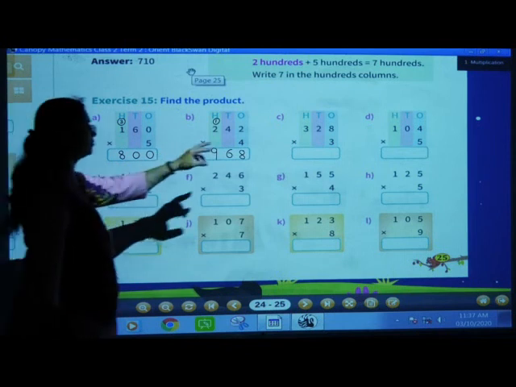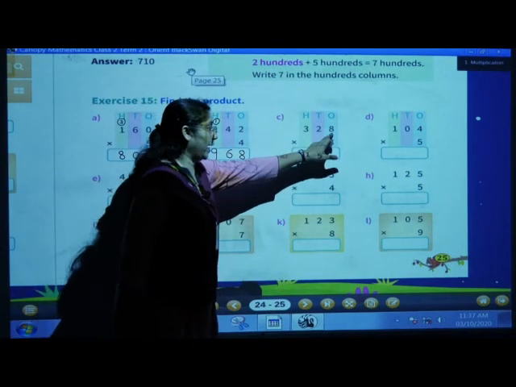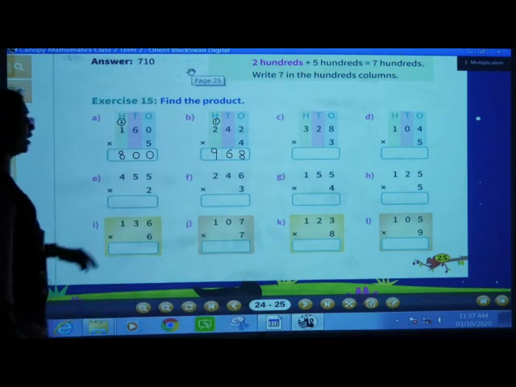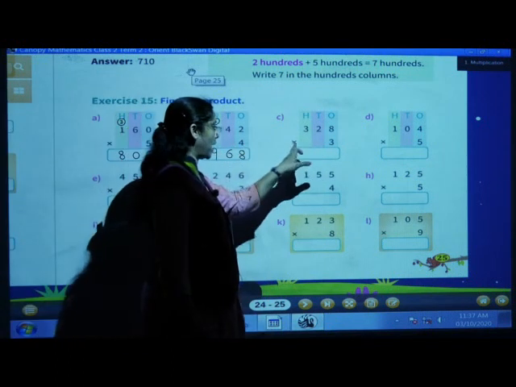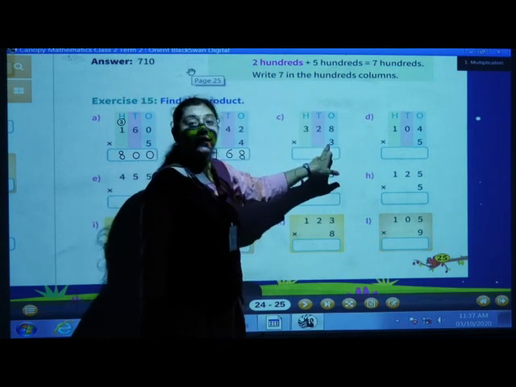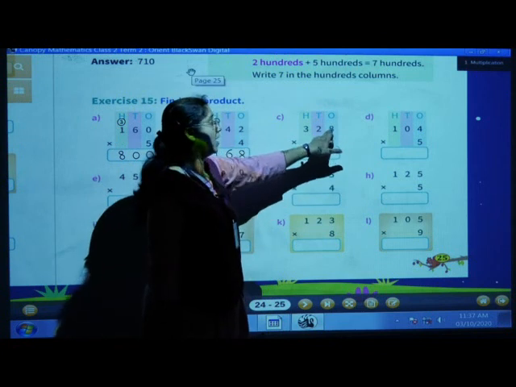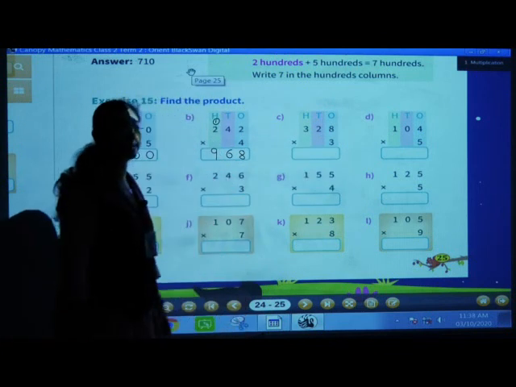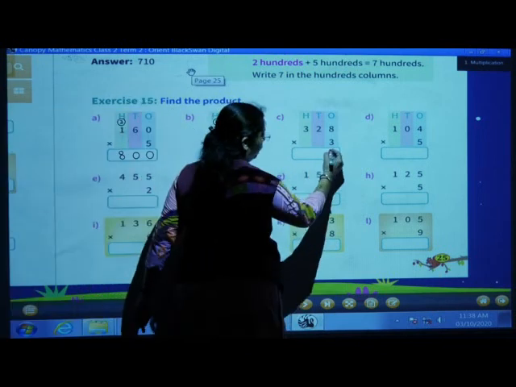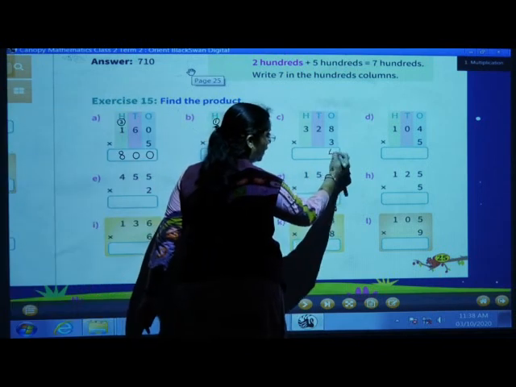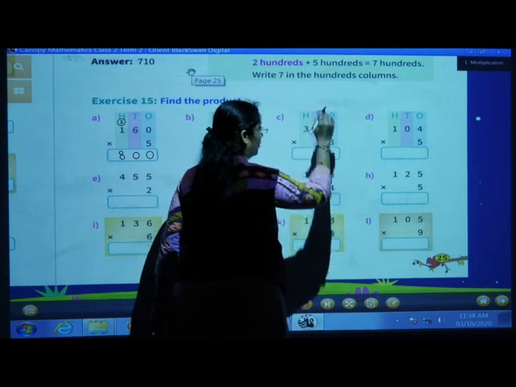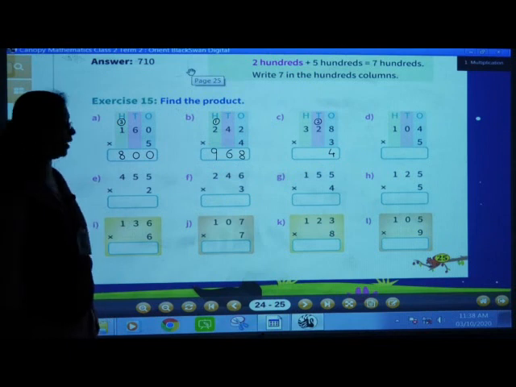Next example, 328 multiplied by 3. First we have to multiply 8 ones by 3. Means 3 eights are, how much? 24. 24 means 4 we have to write in the ones column and 2 carried over to the tens column. Okay.